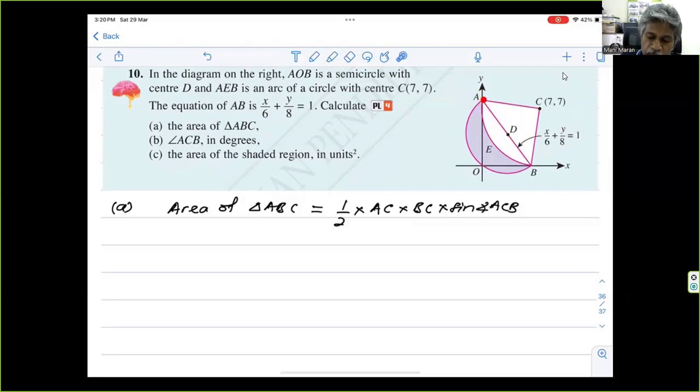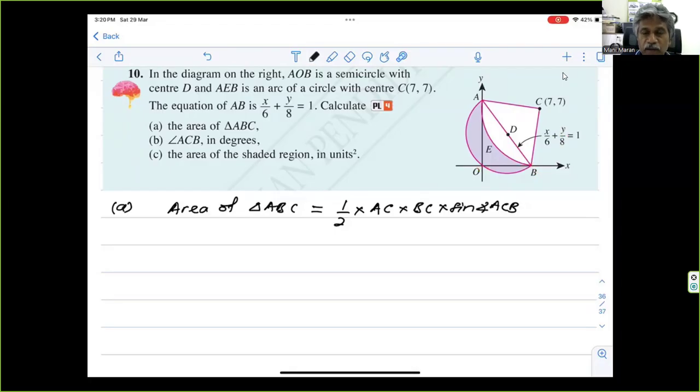We know that at point A, x value will be 0. So when you put x inside here, you can get what is the value of y at point A. And similarly at point B, y value, y coordinate is 0. If we put y inside here, we can find what is the x coordinate.